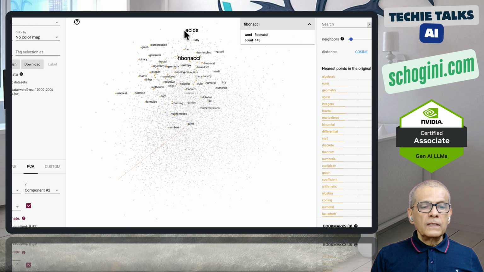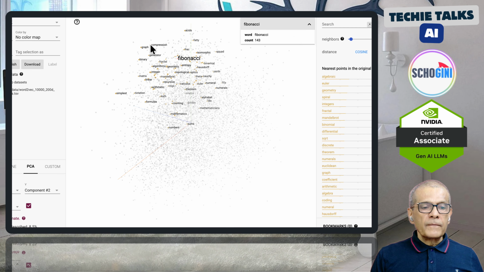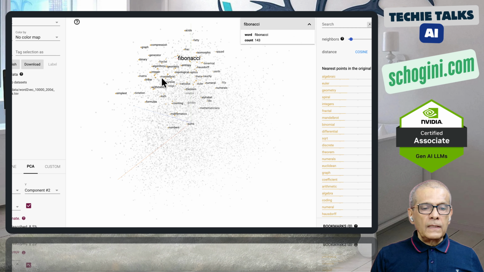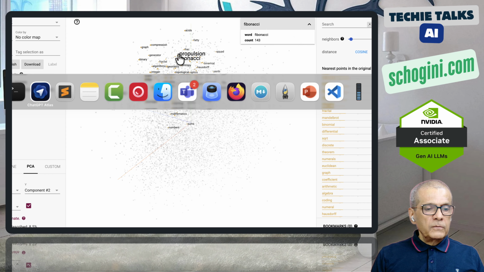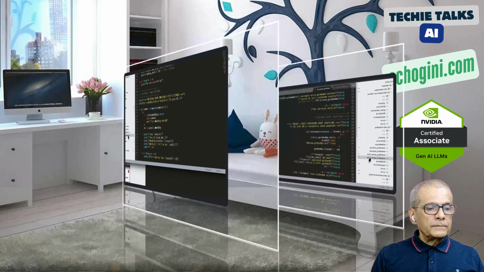This and this, we have a longer distance, meaning they're less similar. But this and this are closer, so their meaning is closer. Clear? And in order to get their similarity, we use a cosine function. That is what we are demonstrating in our lab 3.